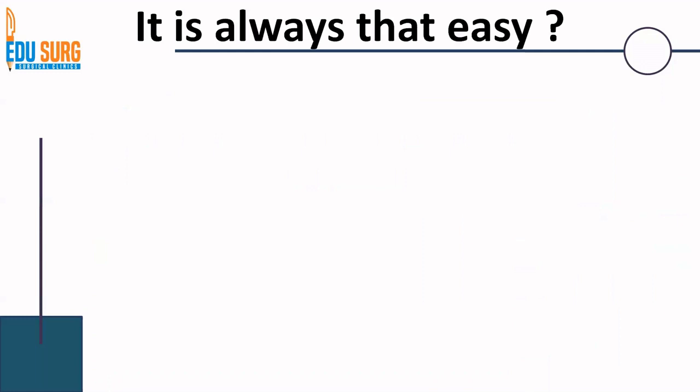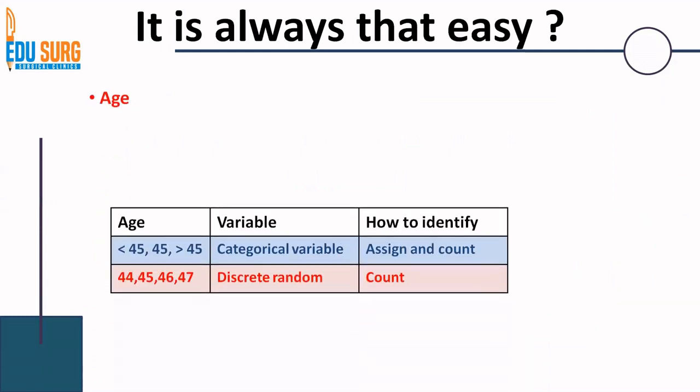Now, is it always possible that you divide your variables into this table only? The answer is no. Let us say, for example, age. Age can be counted as a discrete random variable, as we saw in the previous slide. Now, don't get confused, but this slide is important because it gives you an idea that you have to decide how you want to study a particular variable and how you are going to analyze your data.